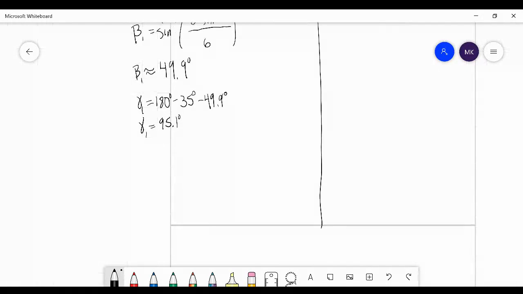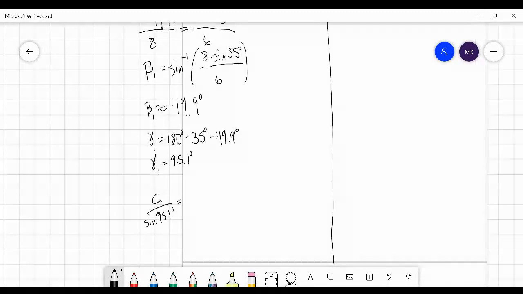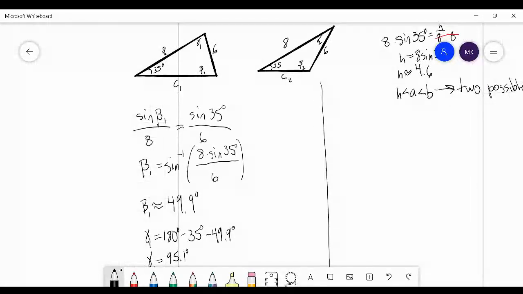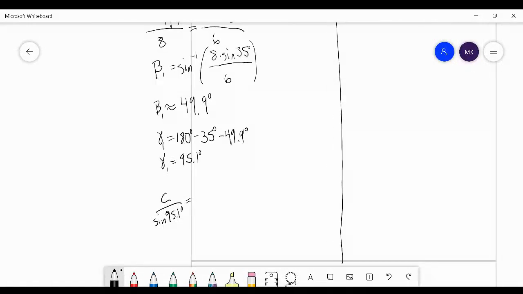Now all that's left is to find C. So we get C over sine of 95.1 degrees is equal to, and again, we want to use the side and angle pairing that we know the exact values of. So we use 6 and 35: 6 over sine 35 degrees.